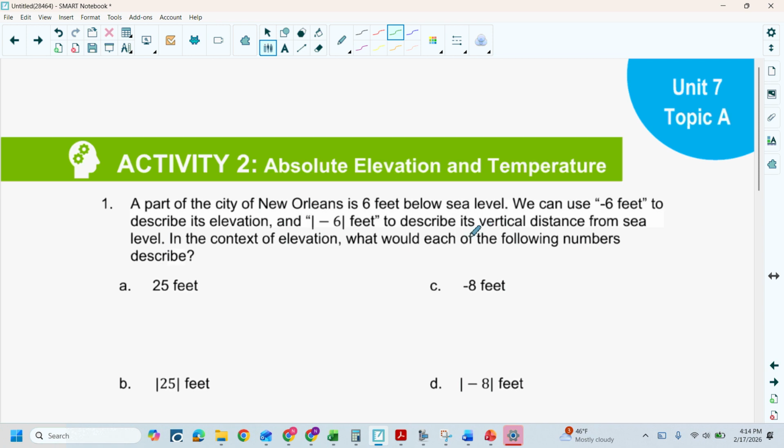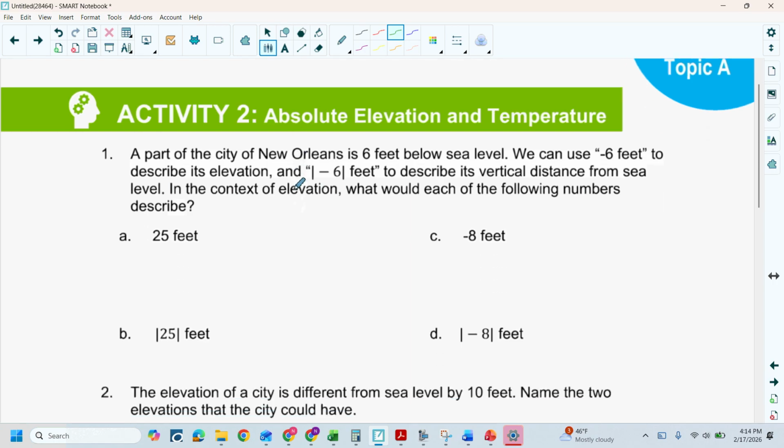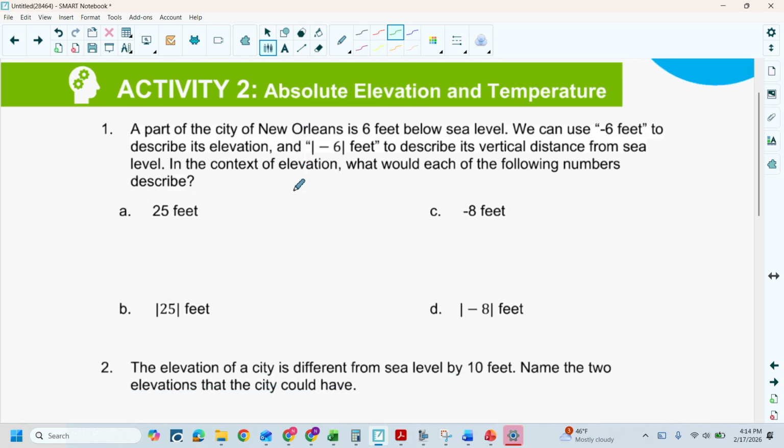So, activity 2. A part of the city of New Orleans is 6 feet below sea level. And so we can say negative 6 feet to describe its elevation, and the absolute value of negative 6 feet to describe its vertical distance from sea level.